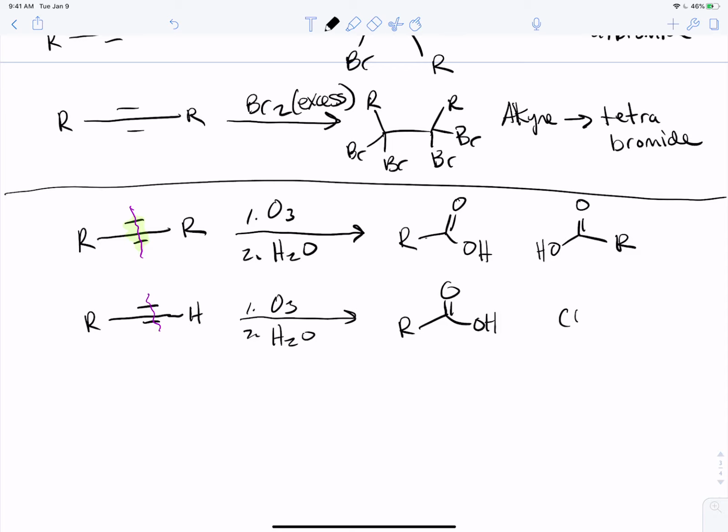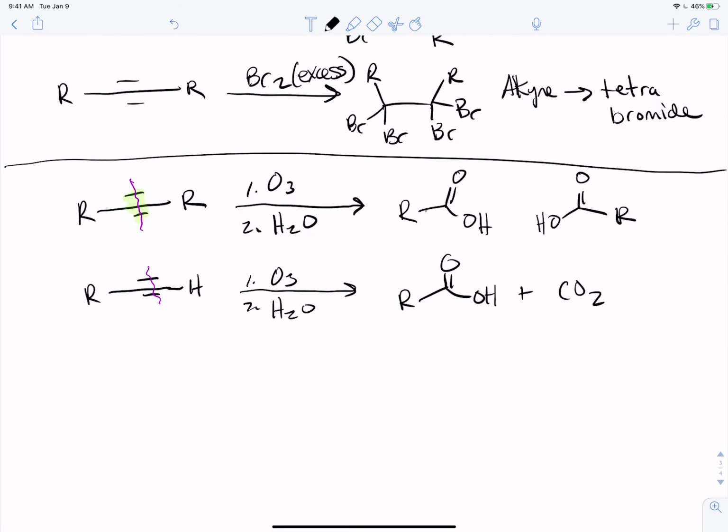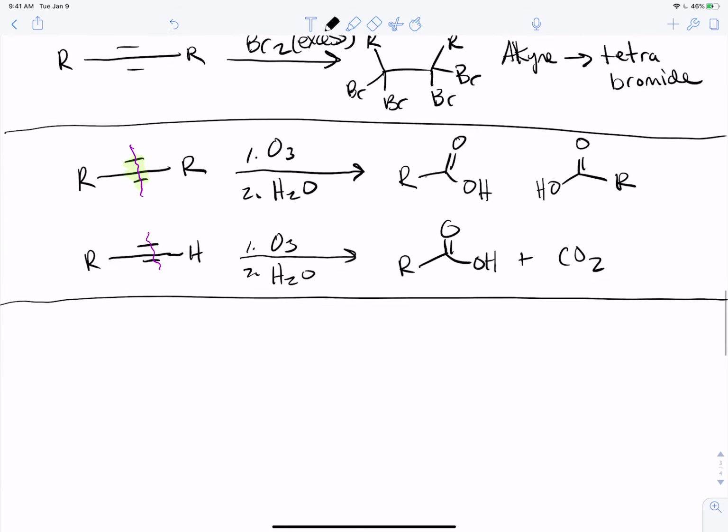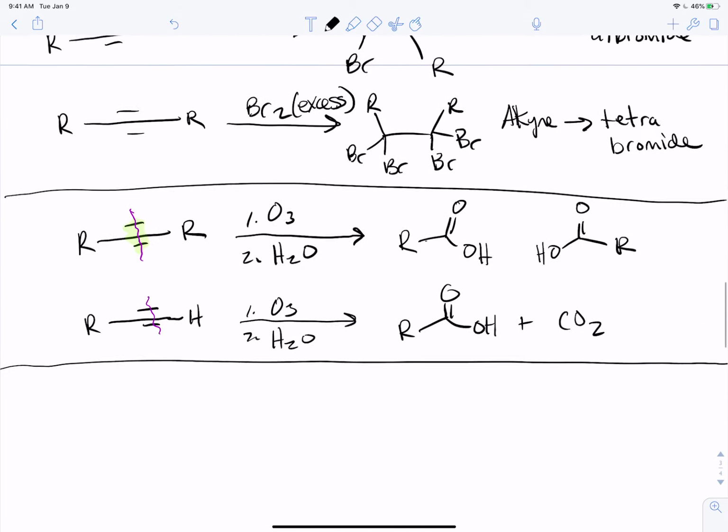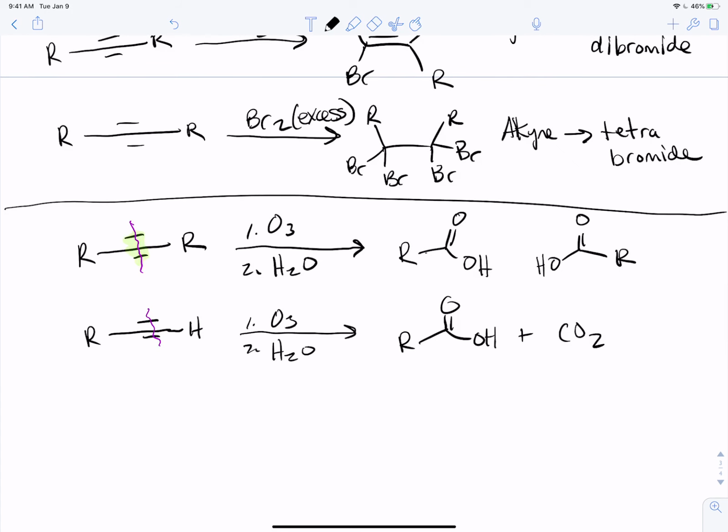We're going to get just carbon dioxide gas out of it. So there's basically no time that you'd ever want to make carbon dioxide in an organic synthesis scheme. That's just going to be a side product for that reaction, the other thing that you get. So we've got an alkyne, and now we know how to transform that into a carboxylic acid.